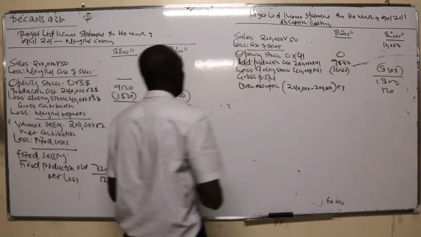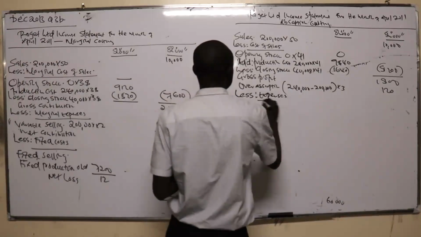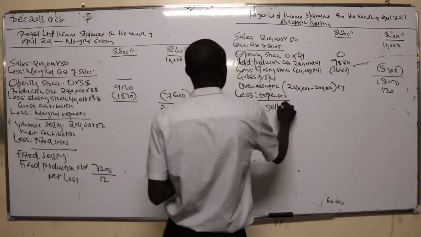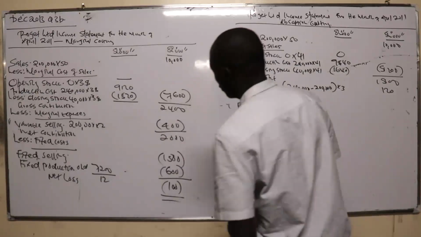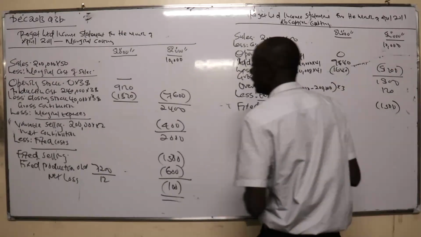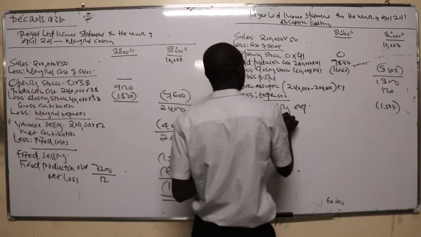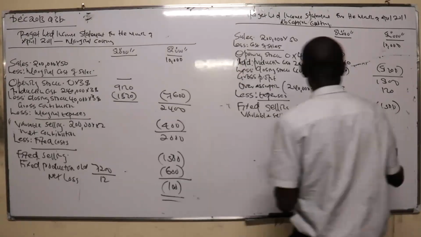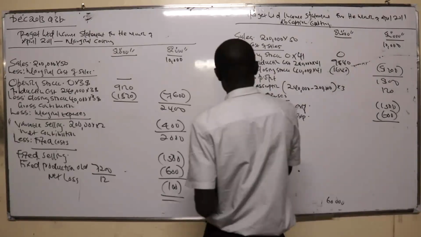And then you less now expenses here. You start with fixed selling expenses, which was 1,500,000. And then we had variable selling expenses, which was 600,000. So here you get the net profit.